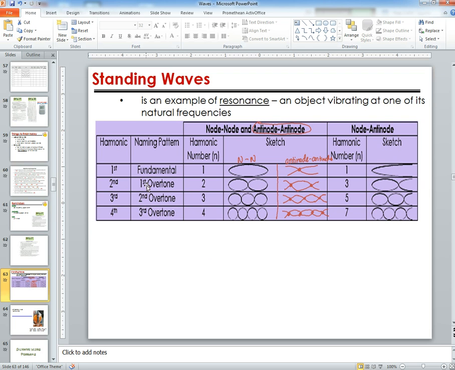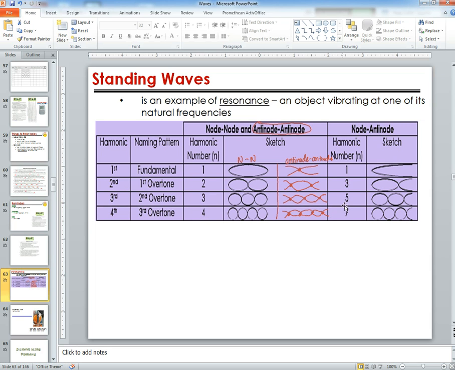We know that for a node-node, the harmonic number is 1 plus the number of overtone. So if we do have a fourth overtone and it's node-node, then the harmonic number should be 5.